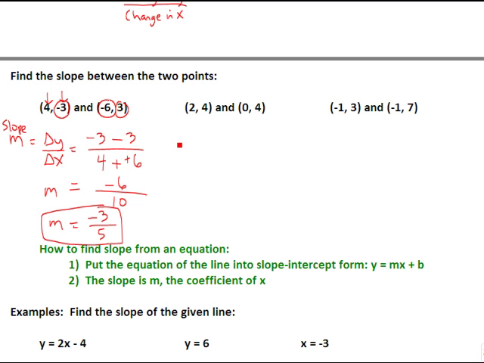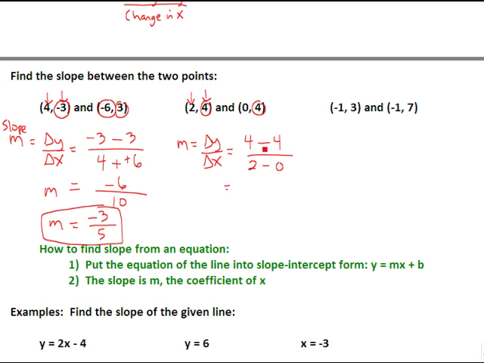For the next example, we're going to do the same thing. Our slope m is the change in y over the change in x. So I'm going to again start with this first y value, 4, and then I want to subtract my second y value, 4. On the denominator, since I started with 4, I want to start with this 2, and 2 minus the other x value, 0.